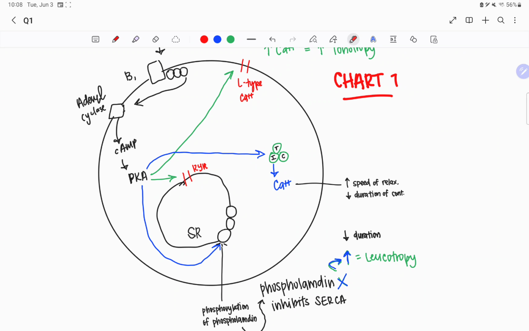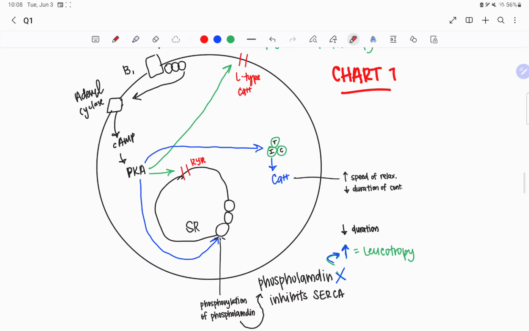PKA also helps with the speed of relaxation by, if PKA comes over here, it will kick off calcium from troponin C. I think it binds to troponin I, and then that kicks off calcium from troponin C, and that increases the speed of relaxation and decreases the duration of contraction, right?